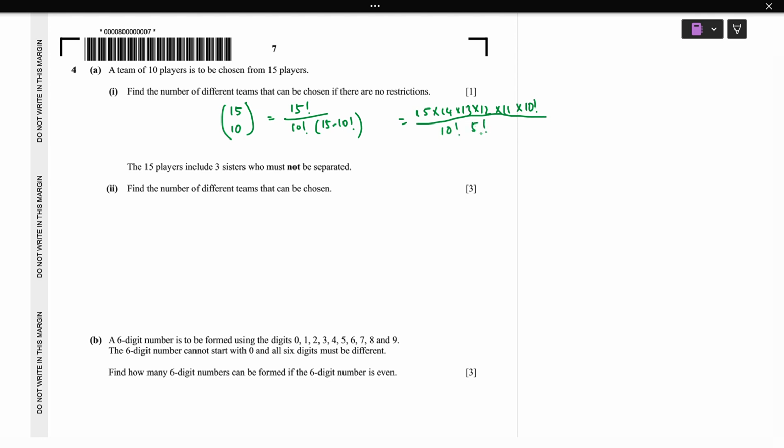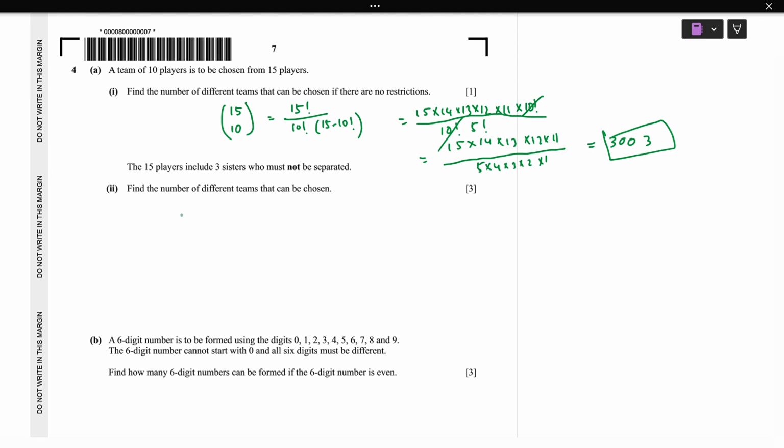So the numerator will be the same, and the denominator: I'll write 15 times 14 times 13 times 12 times 11 over 5 factorial. When we expand, 5 times 4 times 3 times 2 times 1. So the answer is going to be 3003. No need to expand; in your calculator you can use the proper function. So the answer is 3003 ways.